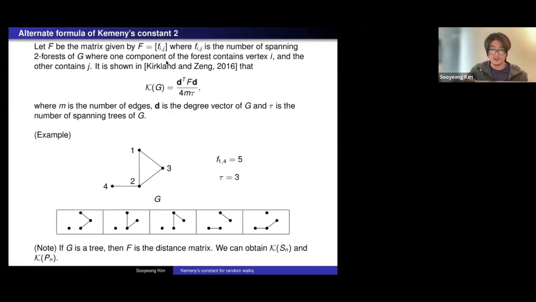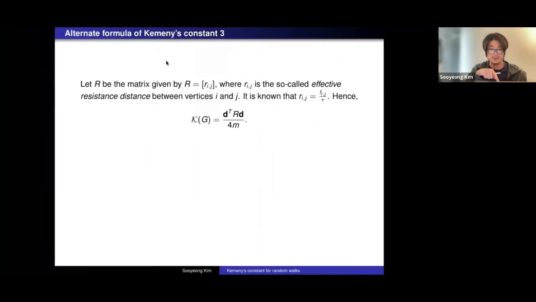So let me introduce the last formula. Of course, there are more formulas, but these formulas are what I'm going to use today. So the matrix R is defined as the matrix whose entries R_ij are the effective resistance distance, which comes from electrical networks, between vertices i and j.